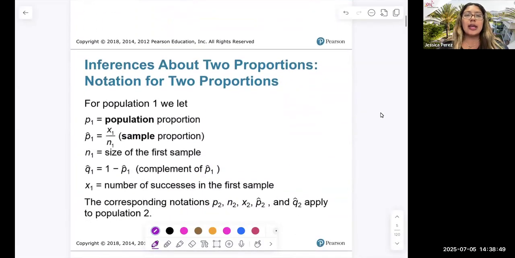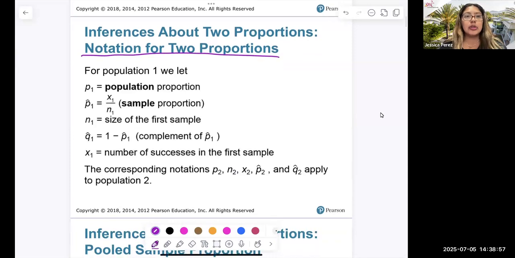So we begin by identifying the notation. What notations do we need? We will need P1, which is the population proportion for the first population, and P1 hat, which is the sample proportion. It's the number of successes over the total sample size of the first sample. So we're dealing with two samples at the same time.